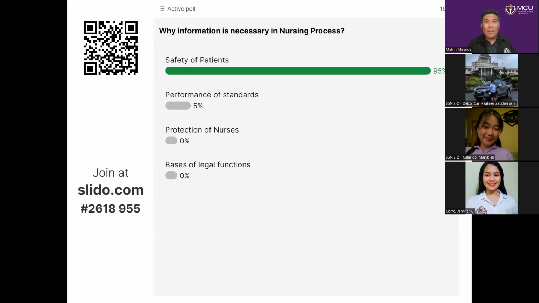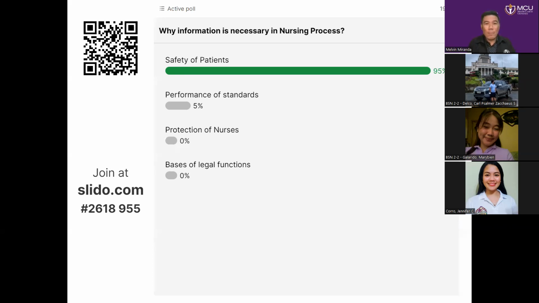Or on the other hand, information is important in performing the nursing process because it is legally acceptable that we perform and administer those interventions to our patients in the best interest of quality care management.